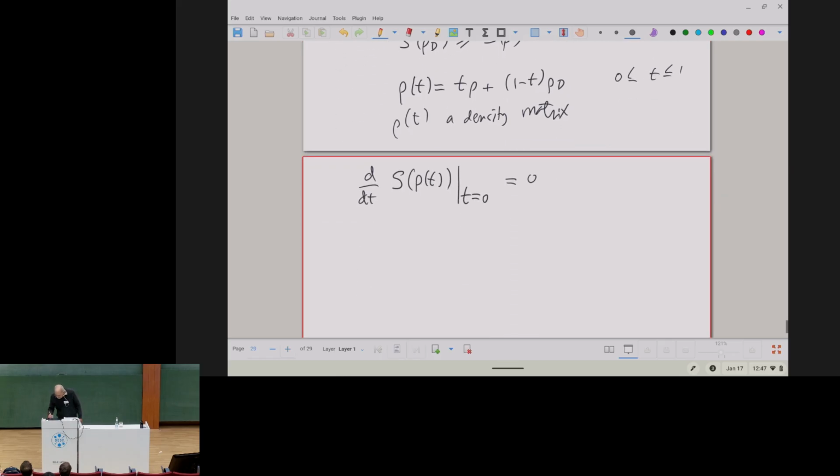So that just follows. You take the trace of rho of t log rho of t. I'll leave this as an exercise, but if you take this S of rho of t and this formula for rho of t, you'll find that the derivative with respect to t at t equals 0 is 0. If you find it confusing, there's a footnote in my lecture notes that might help.